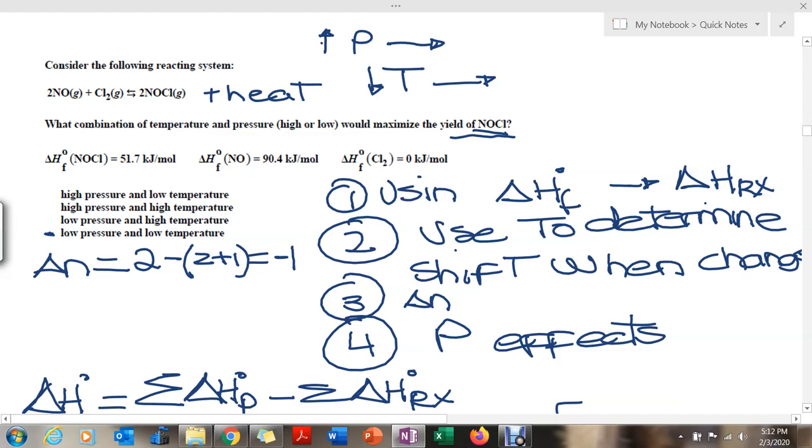High pressure and low temperature. Yes, high pressure and low temperature.